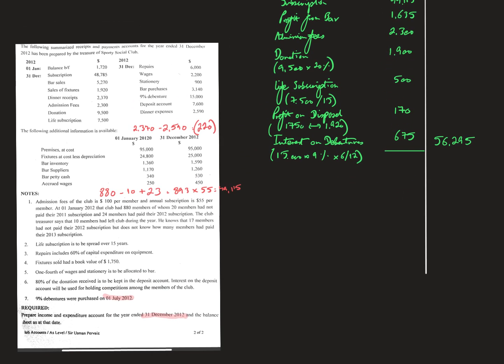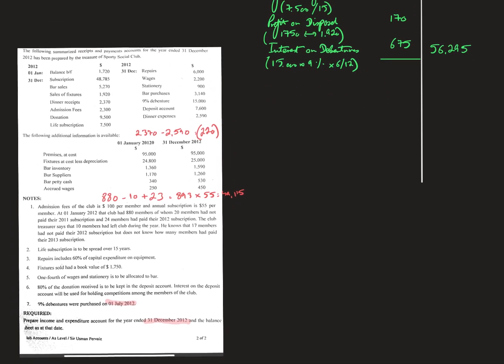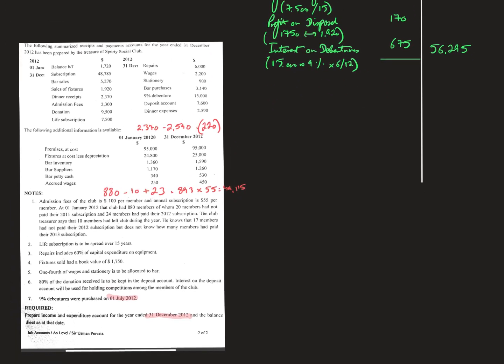Then we're going to give the heading of expenditure. Now the first expense in the bank account is repairs.